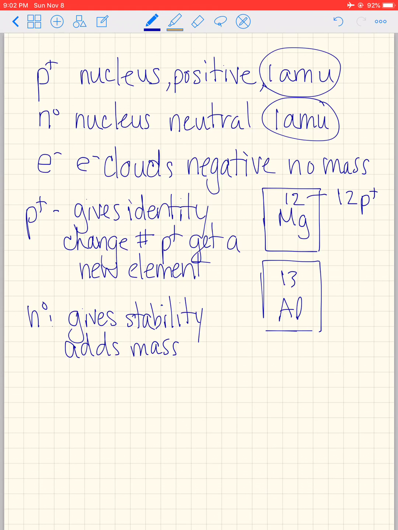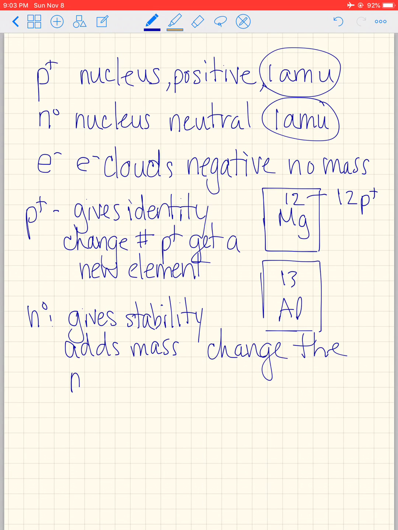I hesitate to say that, but you can play with the number of neutrons and it doesn't change things dramatically. But if you change the number of protons, that's a big deal. And changing the number of electrons is what gives us all of the variety of things we have, and we'll talk about that. So if I change the number of neutrons, I get an isotope.